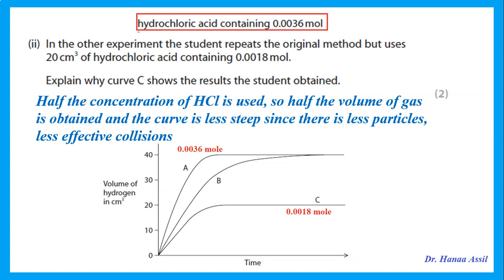So graph C is our new graph because half the concentration of HCl is used. Half the volume of gas is obtained, and the rate is lower, so the curve is less steep, since there are fewer particles and fewer effective collisions.